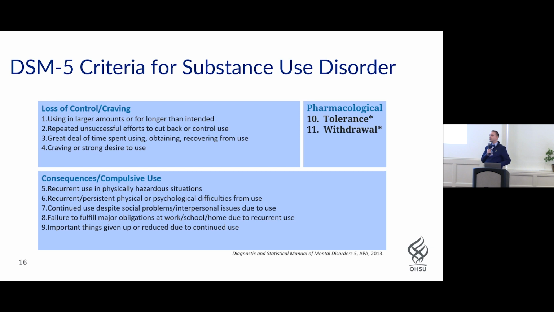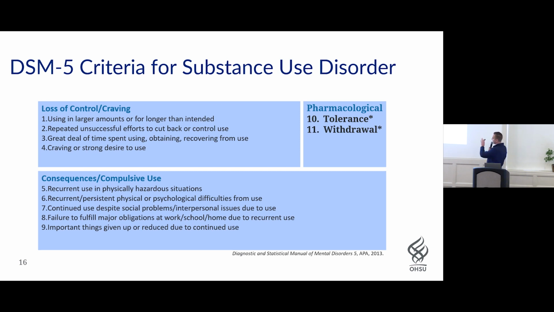So imagine you're prescribing someone an opioid for chronic pain. They've been on it for years. They probably have tolerance to opioids. They probably will also have withdrawal from opioids if they've been taking it daily for 2 years and they abruptly stop it. Does that mean that they have an opioid use disorder? Well, technically they have 2 of these criteria, but since it's only the 2 pharmacologic criteria and they're not having the other 4 C's, then they don't meet the criteria.